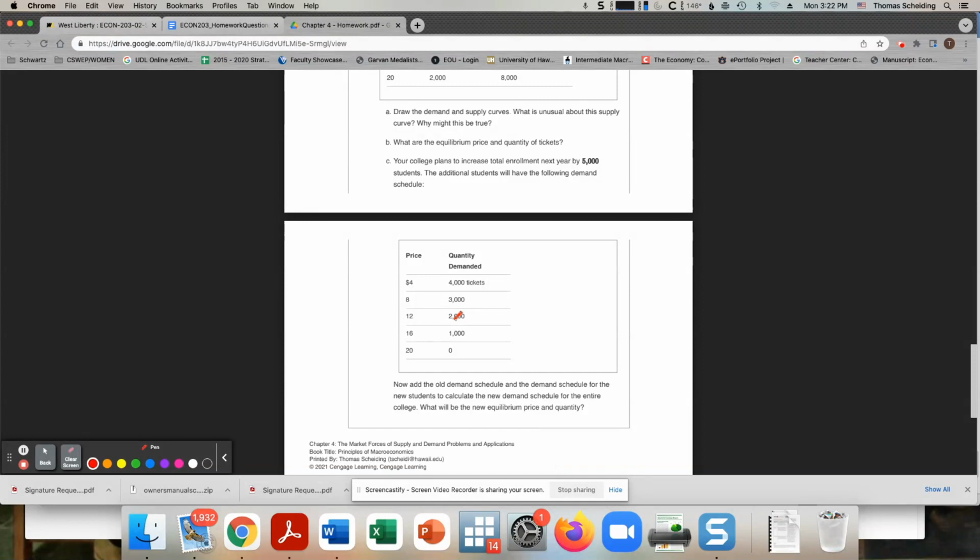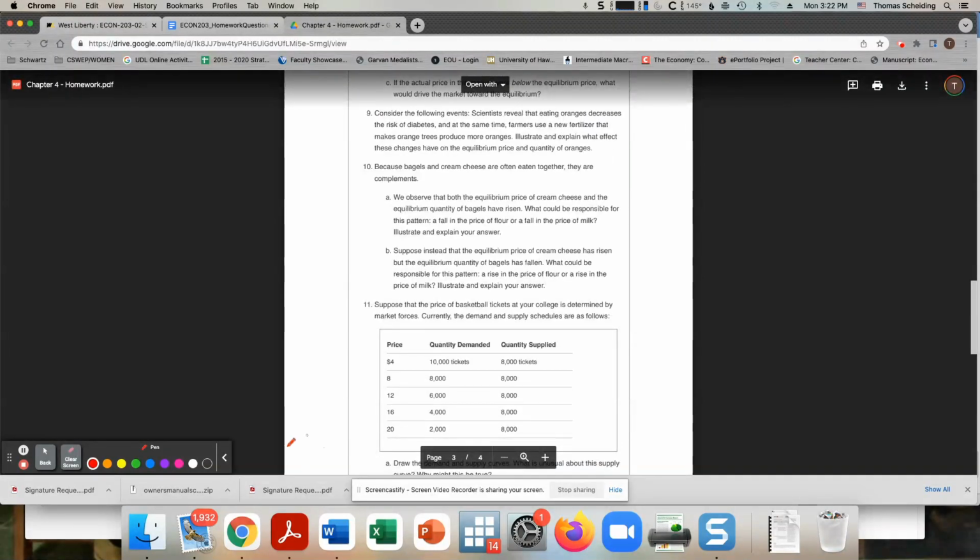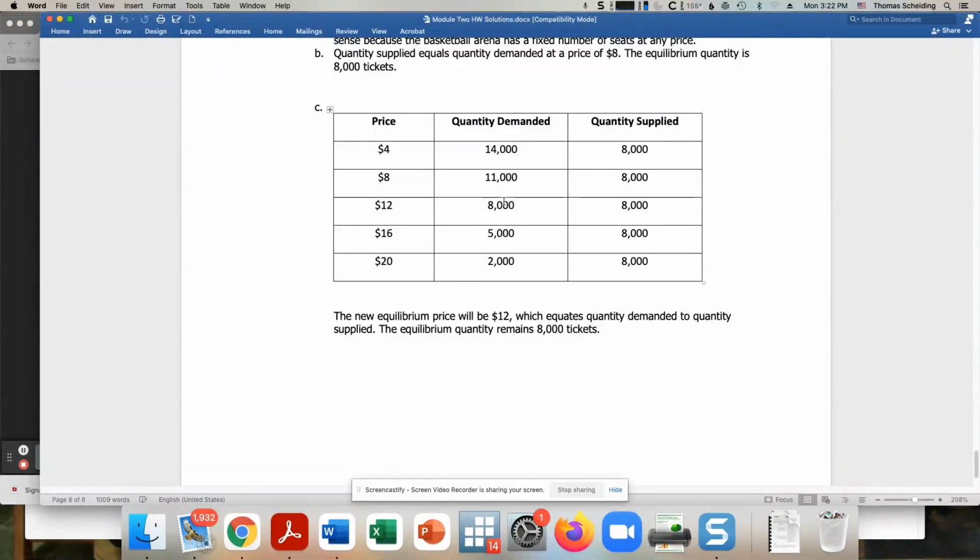And we are asked to find the new equilibrium price and quantity. If you redraw that table, what you would see now is that the equilibrium price is at 12, where my quantity supplied equals my quantity demanded. And that would still be at 8,000 tickets, which was the capacity of the stadium.